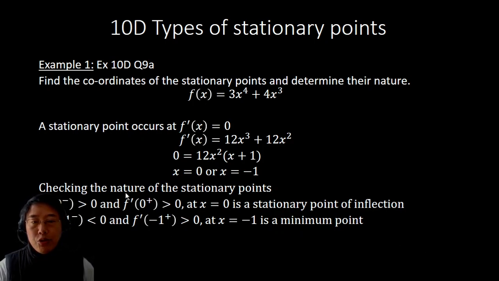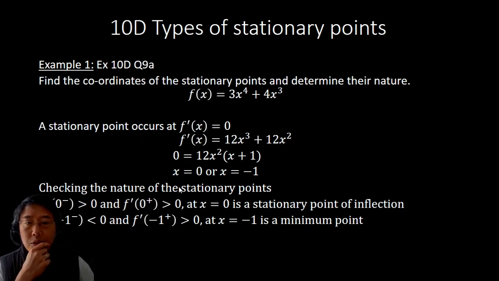To check the nature for x equals 0, you look at when you approach 0 from the left and the right, and you look at the sign. So I would test with a value below and a value above. It doesn't matter which one, you don't really care about the exact value, but what matters is the sign.